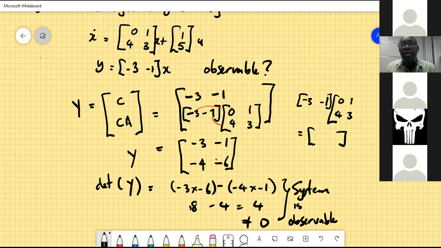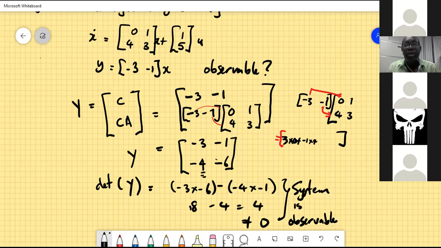The first row is 3 times 0, plus -1 times 4, and that is your first row, which gives me the -4.